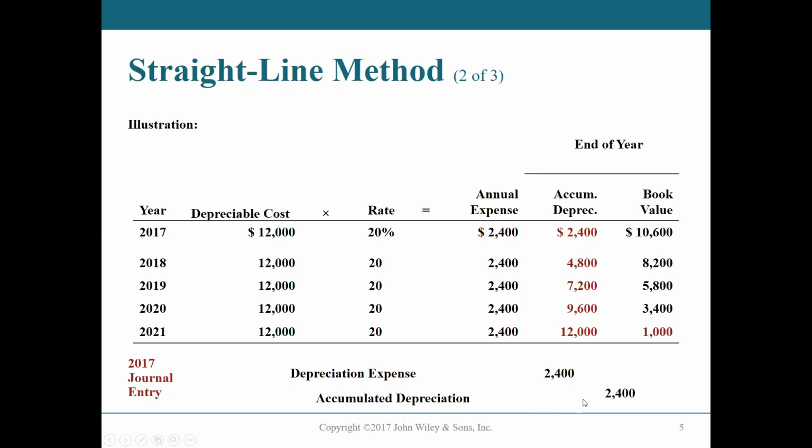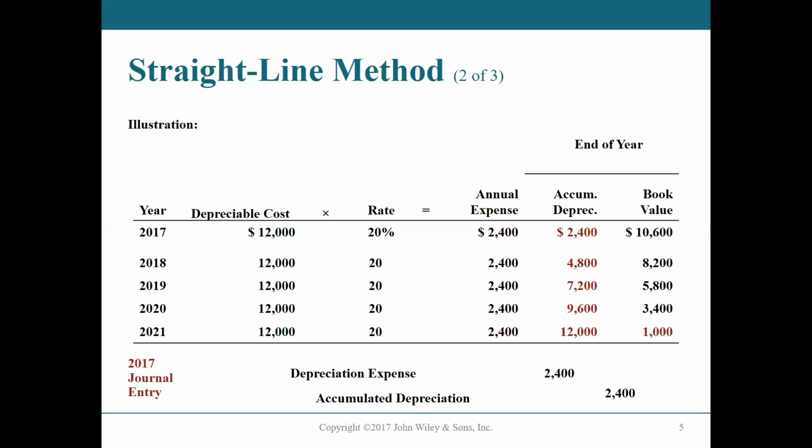Accumulated depreciation is a special account we use to keep track of depreciation. Accumulated depreciation is always linked to a specific asset. It is called a contra asset account. That means it's an asset account that goes with a specific asset, in this case, our delivery truck, and it records the amount of depreciation or the amount of annual expense we've taken against the truck's value.